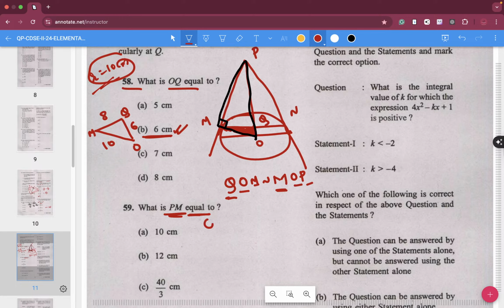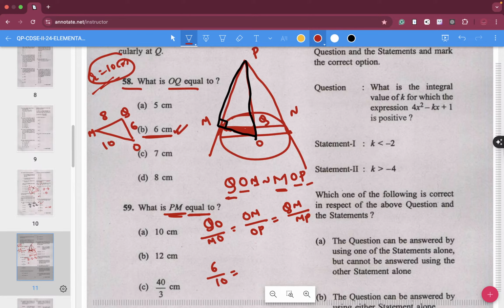So which means QO by MO is equal to OM by OP, which is equal to QM by MP. What is the value of QO? QO value is 6. What is the value of MO?